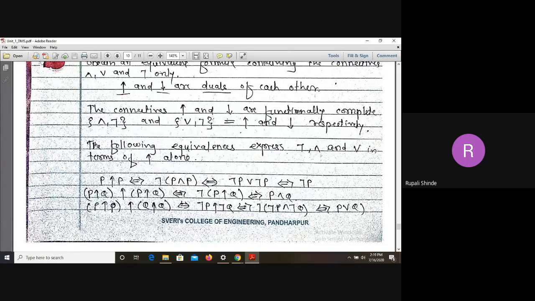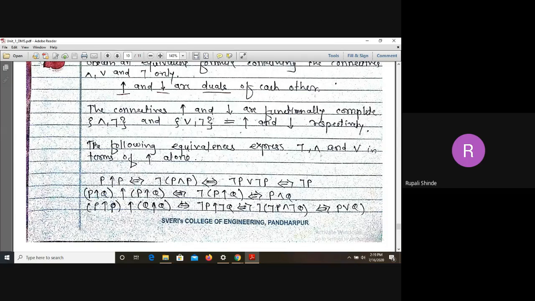Again, the second formula is given: (P NAND Q) NAND (P NAND Q). What is the meaning of this? If you want to remove this NAND, you can take negation of (P NAND Q) and (P NAND Q).